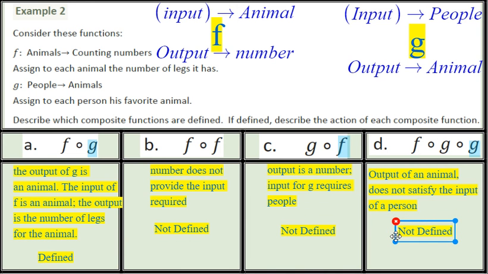So when we look at our composition functions, the only one that worked was the one that had a shared output-input relationship. When you look, notice that the output of g, being an animal, has the input of f, being an animal.